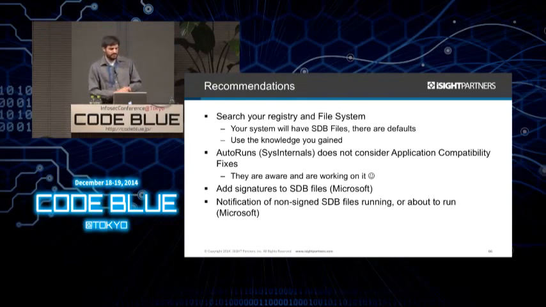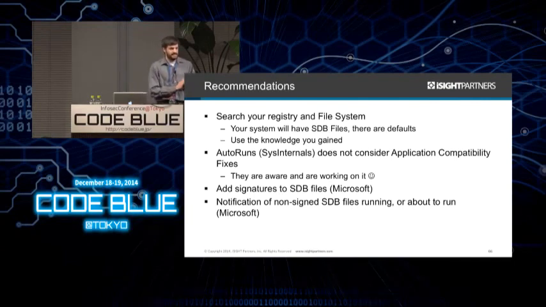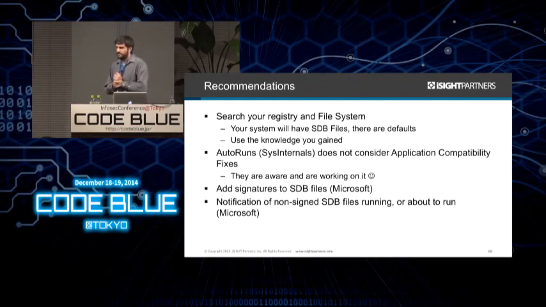The Sysinternals tool, Autoruns, does not currently consider application compatibility fixes as a method for persistence for attackers, but they're working on it. I spoke with Mark Russinovich, and he emailed me back and said, wow, I'm shocked this didn't happen 5 years ago. And he said he'll try to get something together in a couple months.